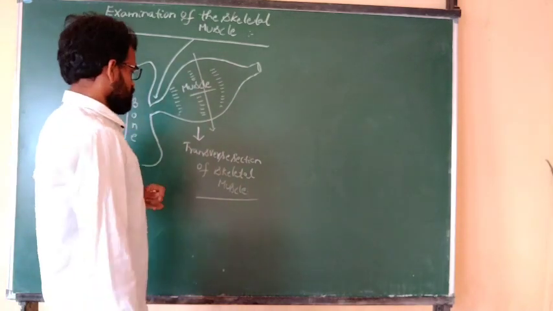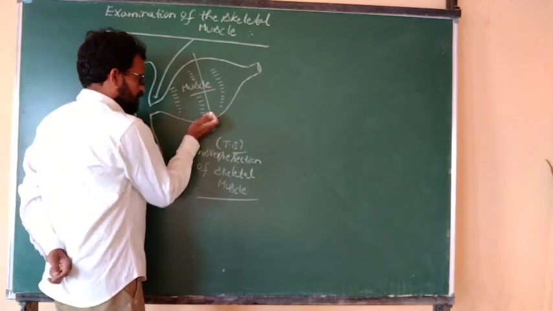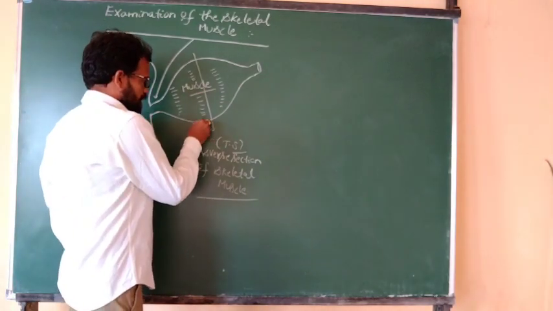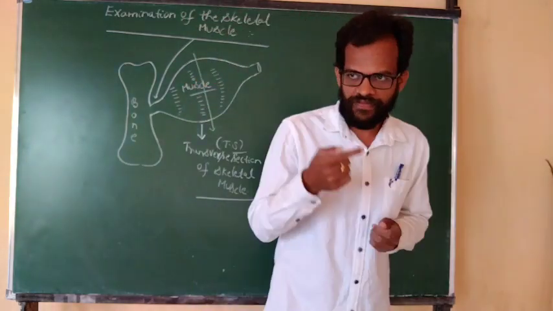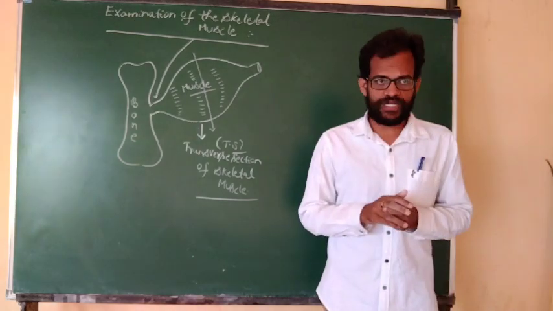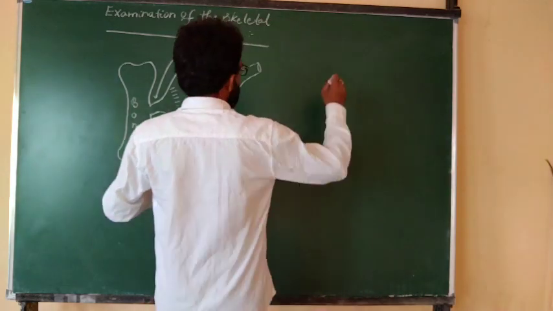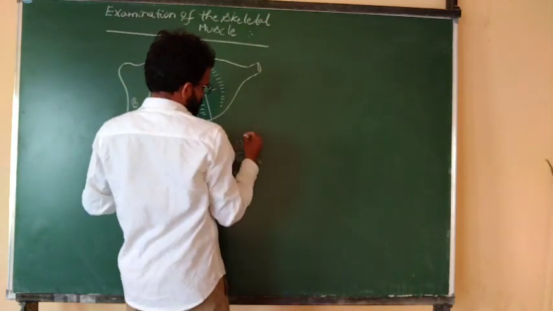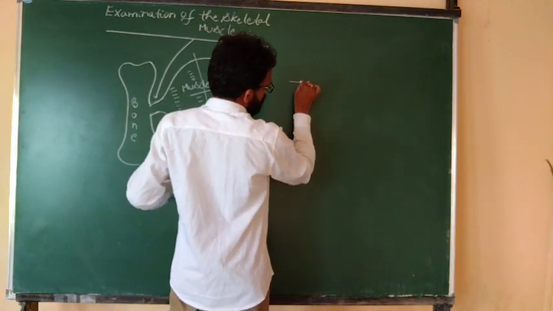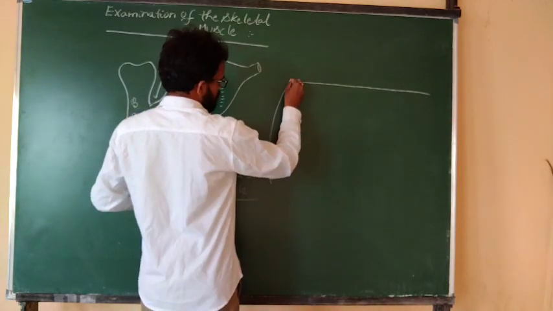This muscle is placed on the glass slide, and the glass slide is placed under the microscope. The muscle is observed under the microscope. What is the arrangement of this muscle? How are they arranged in the transverse section?